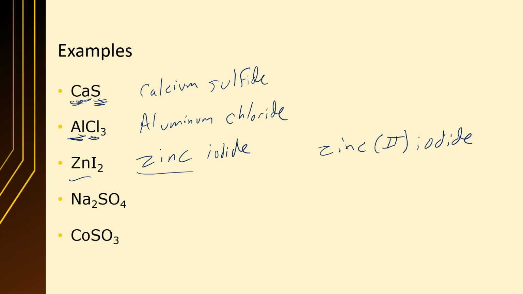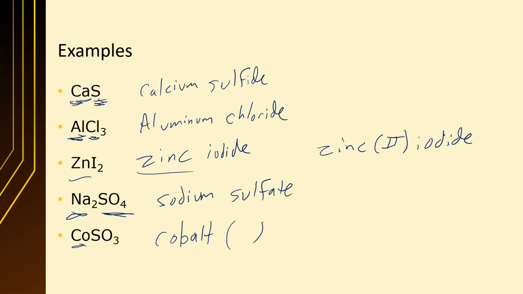Now the next one, we have a polyatomic ion, SO4. So let's name this first one. Na is sodium. It is not a transition metal. And SO4 is sulfate, so it's just sodium sulfate. Now Co is cobalt. Cobalt is a transition metal, so I will need a Roman numeral.